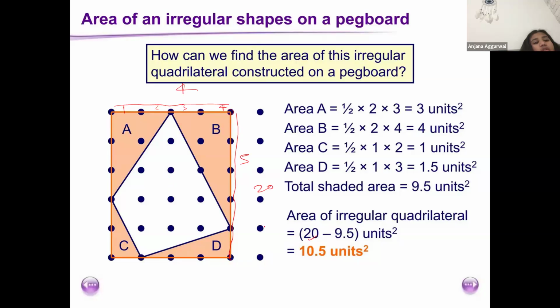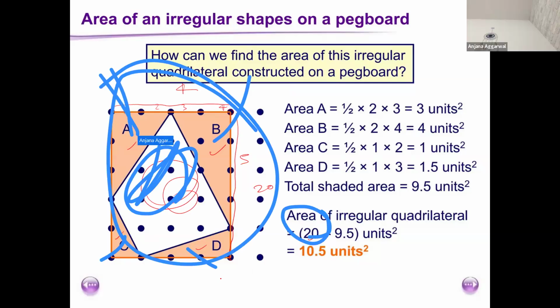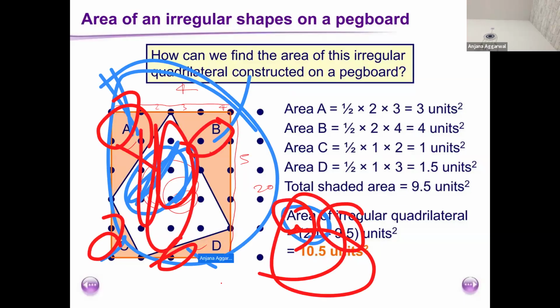So when you subtract the outer parts, the whole thing is 20. And if we take these parts away, we're going to get this shape. The whole thing is area 20, and these parts in total are 9.5. So if we take them away from 20, we'll get our answer for the whole shape.